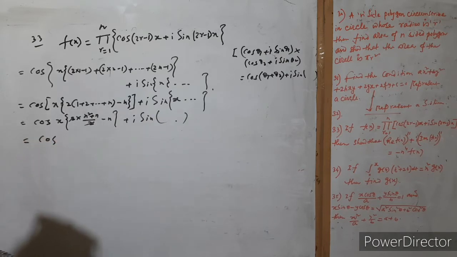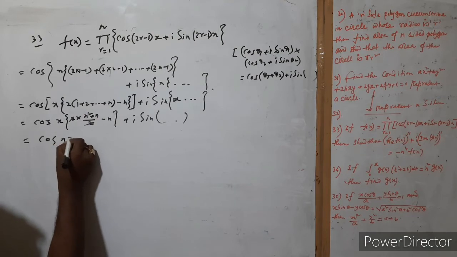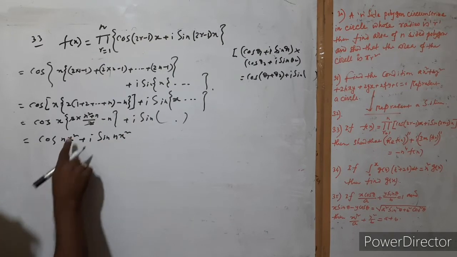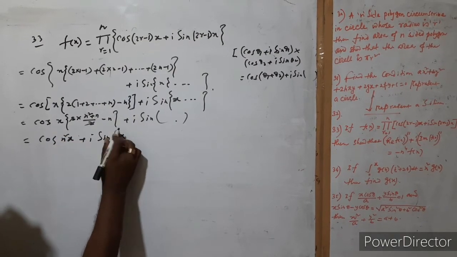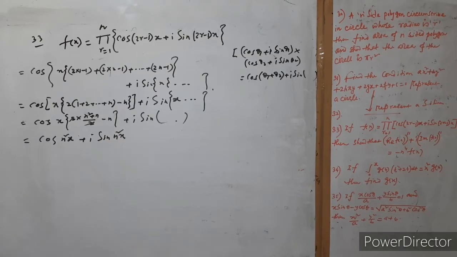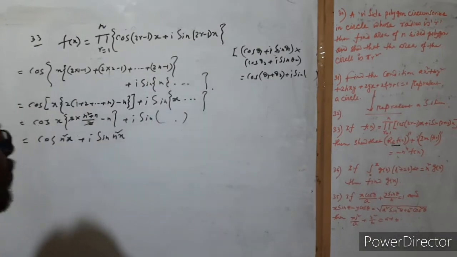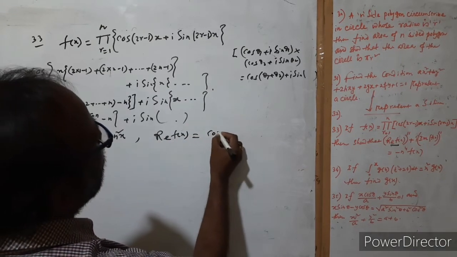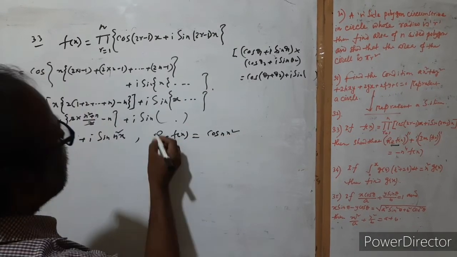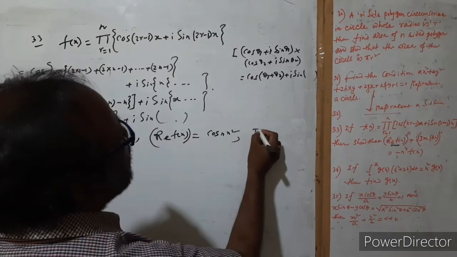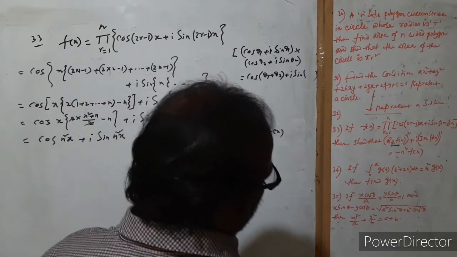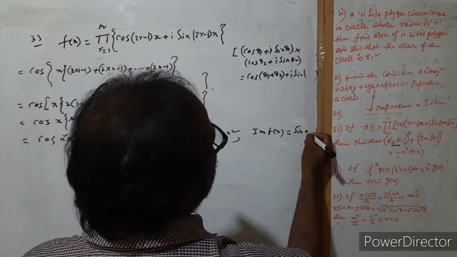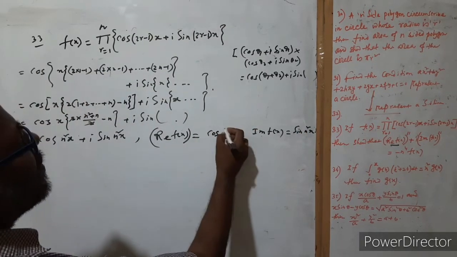So n cancels, giving cos(n²x) + i sin(n²x). Now the real part of f(x) is equal to cos(n²x), and the imaginary part of f(x) is equal to sin(n²x).